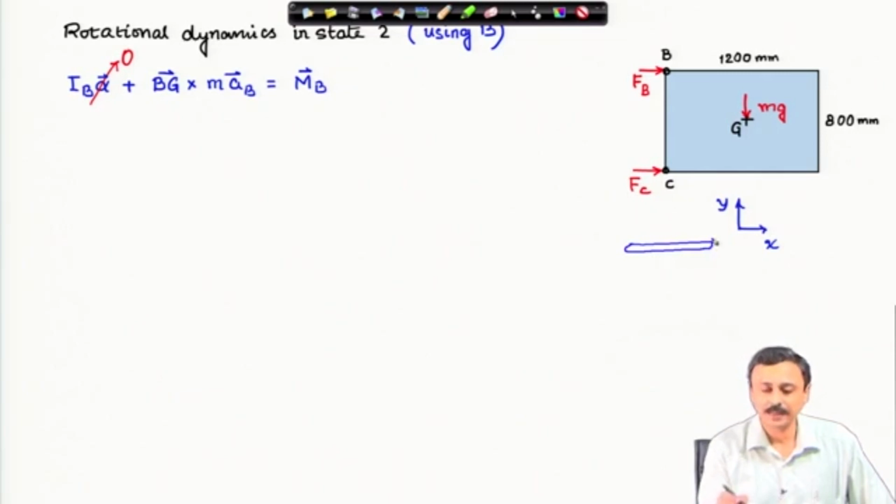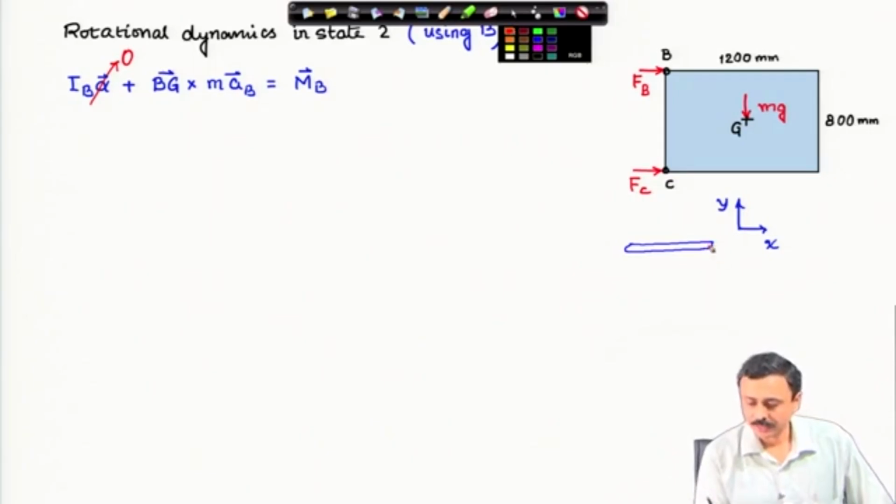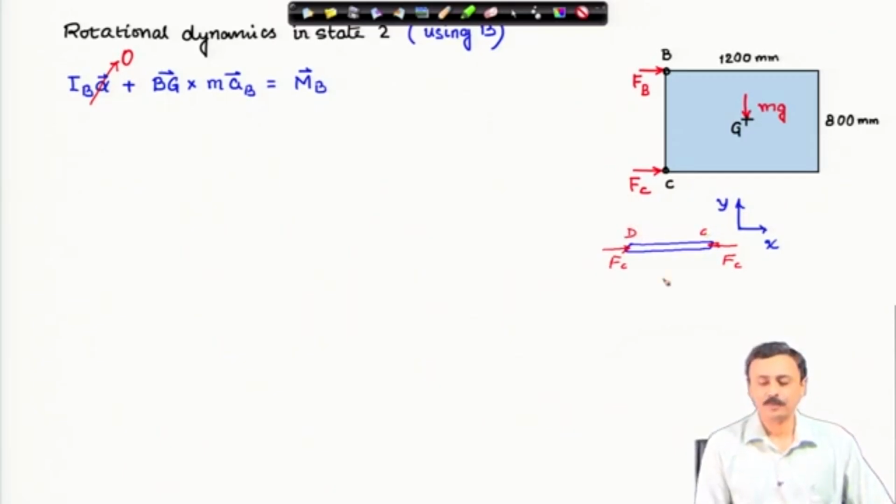If this is that link, then the force on that member CD is like this. This is a two force member.